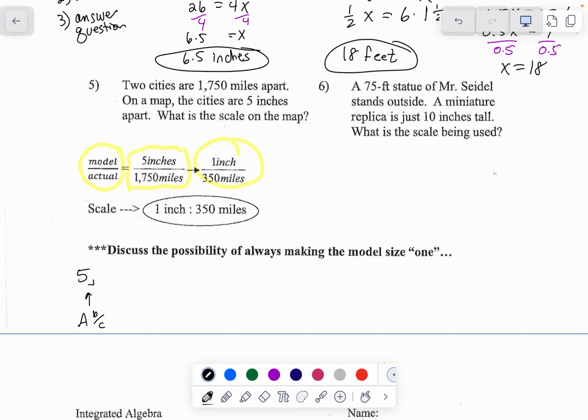And then if you hit 1750, and then if you hit equals, it is going to show on your calculator 1 over 350. So if you want to go grab a calculator at this time, I want you to put into the calculator 5, hit the ABC button, 1750, and make sure your calculator reads that 1 over 350. So grab yourself a calculator and make sure you understand that the calculator will reduce a fraction for you.